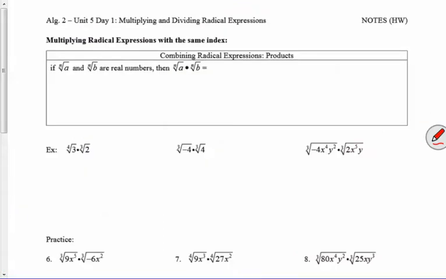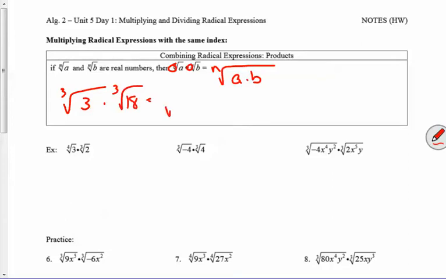Multiplying radical expressions with the same index. So this is pretty straightforward. It follows the property of multiplication of exponents. As long as they have the same index, they're both n, then I keep the nth index, and it's the nth root of a times b. So what would that look like? Let's say I had the cube root of 3 multiplied by the cube root of 18.